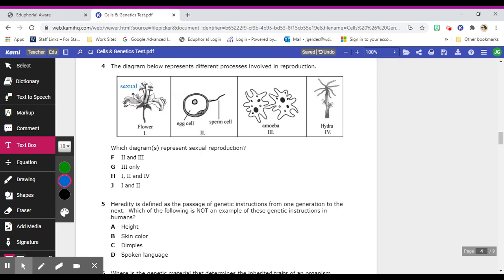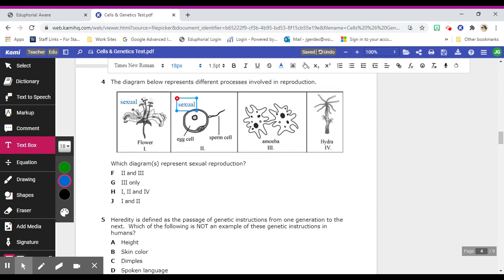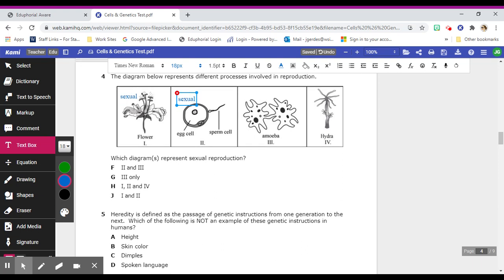Remember, eggs and sperm, sexual. Amoebas, look, they're making a copy of themselves. And the Hydra was from question 1, which was asexual. You could have looked back if you had questions.